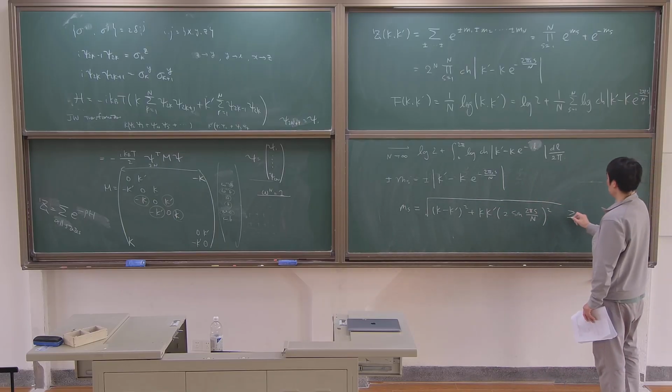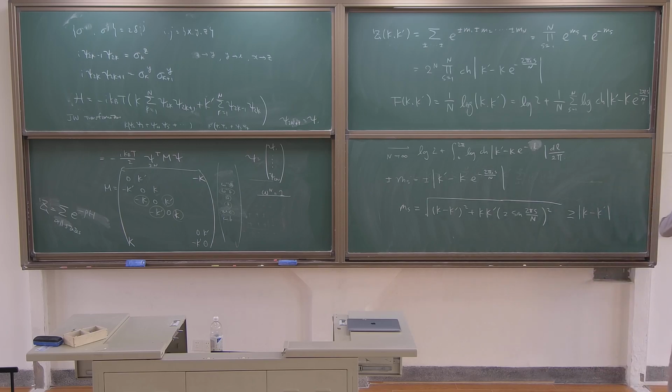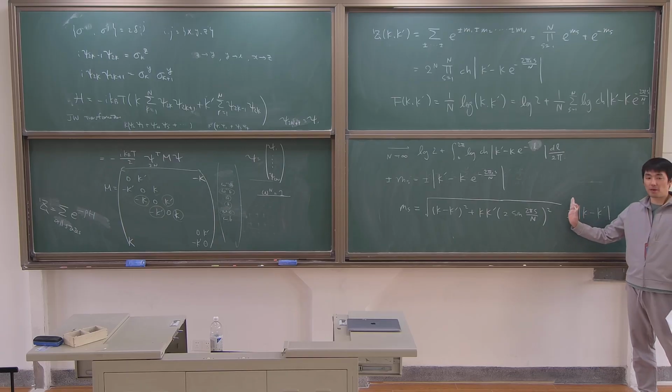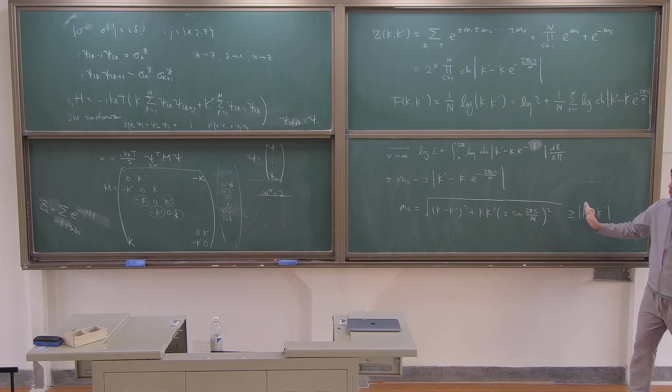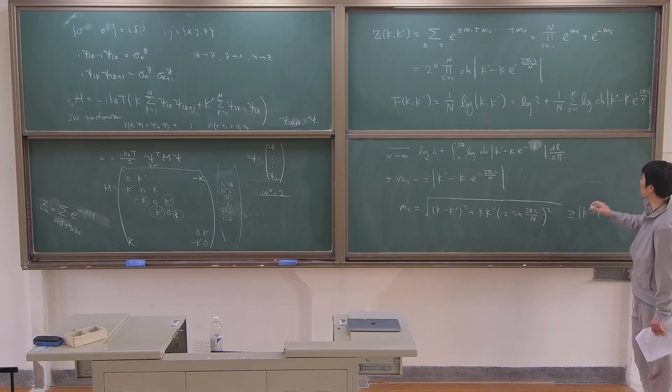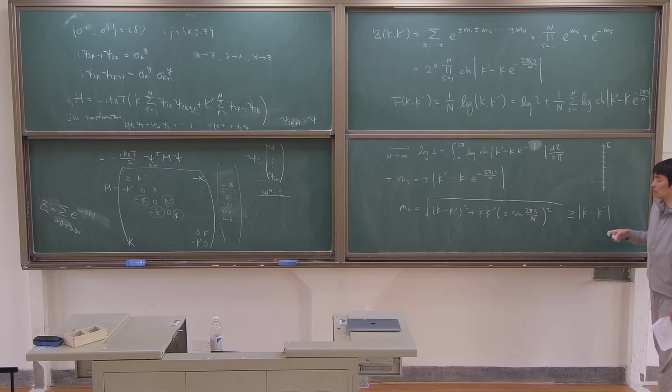Therefore, this can be written as k minus k prime. And as you can easily see, this is bounded by some positive number when k and k prime are different. So the energy spectrum is discrete when k and k prime are different.